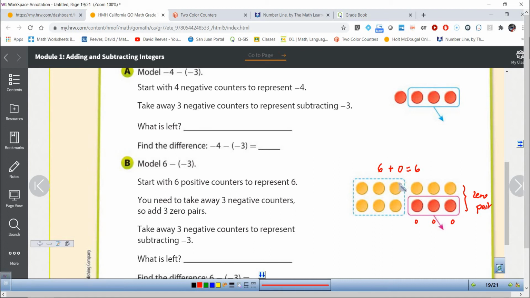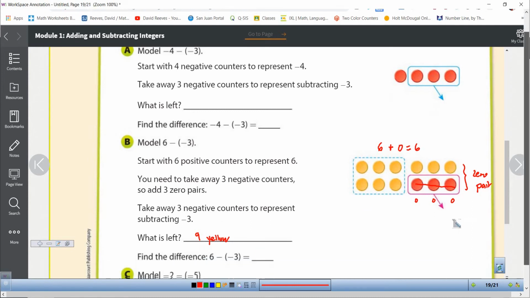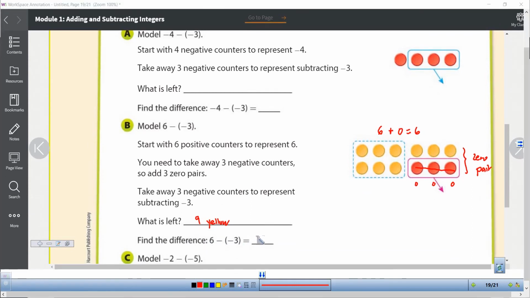So if I start with 6 and want to take away negative 3, I add 3 of those 0 pairs. I then take away those, and what's left? 2, 4, 6, 7, 8, 9. You are left with 9 yellow counters. So we get 6 minus negative 3 is 9.